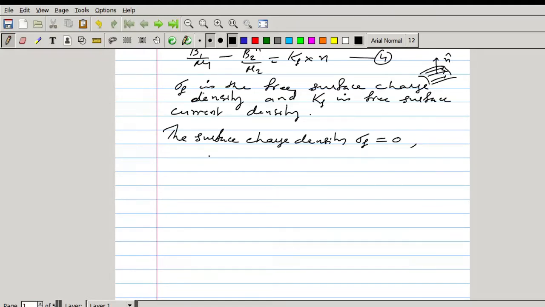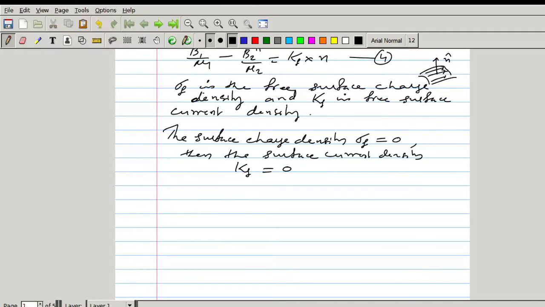If sigma f equal to 0, then the surface current density Kf is equal to 0. We are assuming no free surface current and no free surface charge. Otherwise, it would require infinite electric field to produce surface charge.